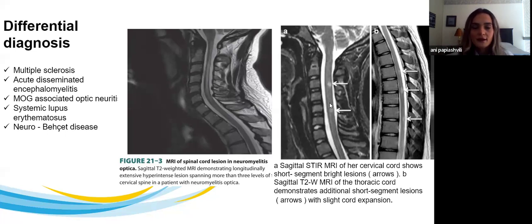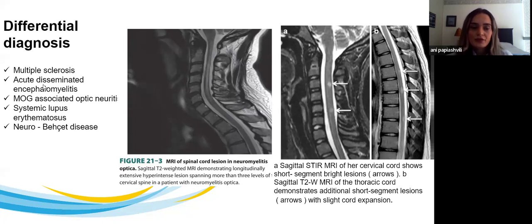But when we're talking about differential diagnosis between neuromyelitis optica and other conditions, it is not only multiple sclerosis, but as I already mentioned, because neuromyelitis optica is sometimes misdiagnosed as multiple sclerosis. This is the reason why I mentioned a lot of information between them.